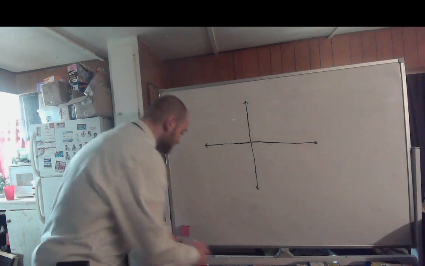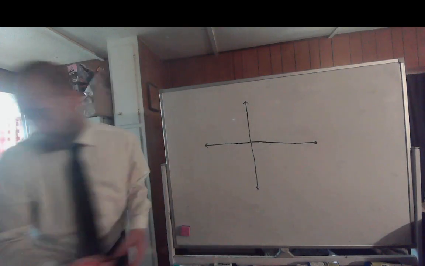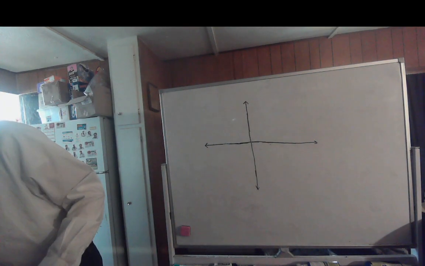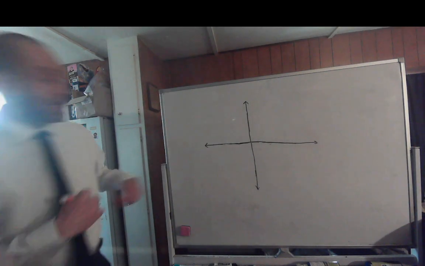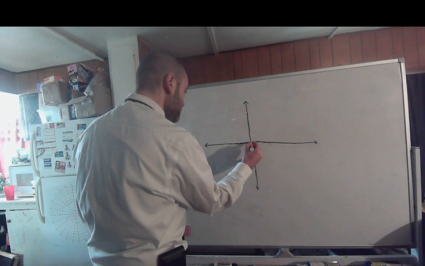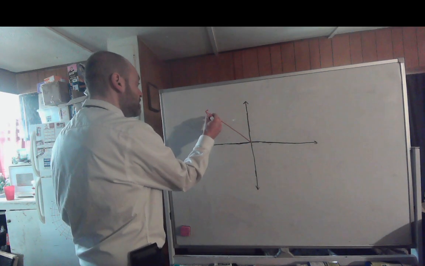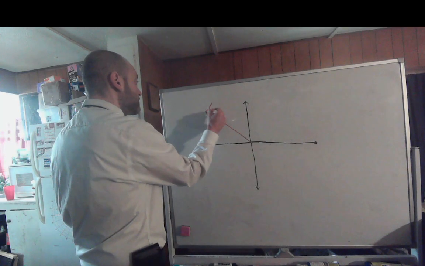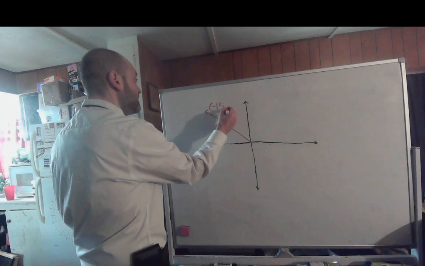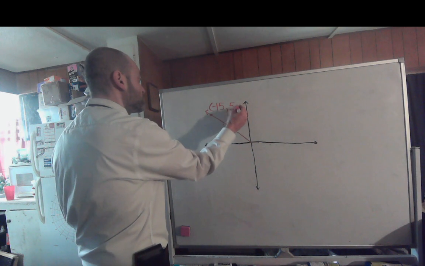Alright, what do we got? Looks like we're in the second quadrant. So we got the coordinates negative 15 and positive 5 times the square root of 7.